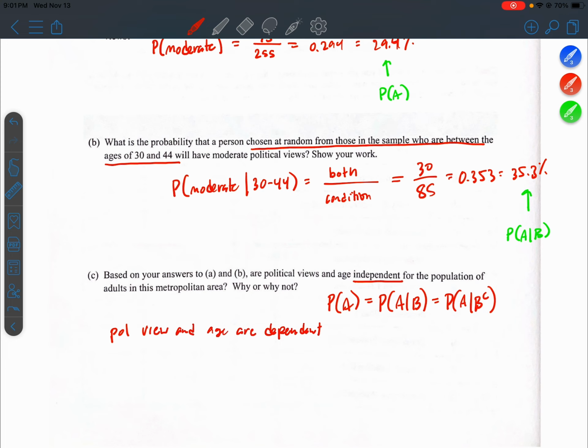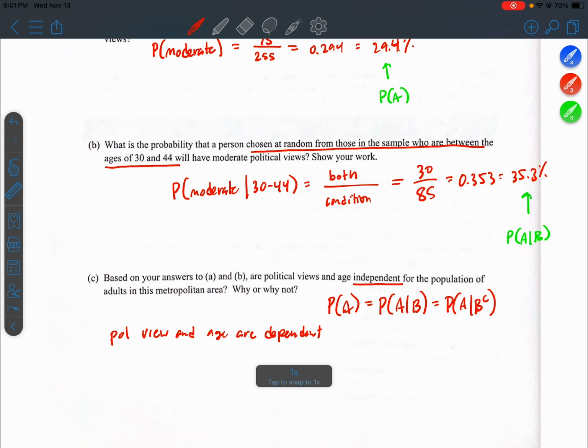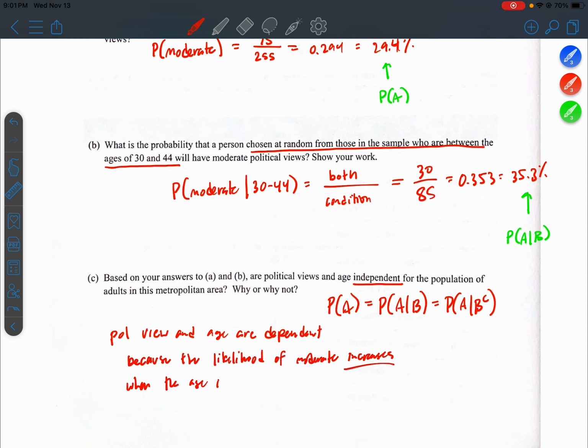So I'd rather just say political view and age are dependent because the likelihood of moderate increases when the age is 30 to 44.